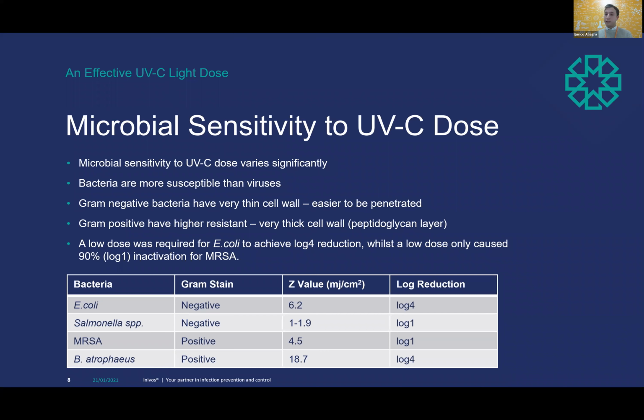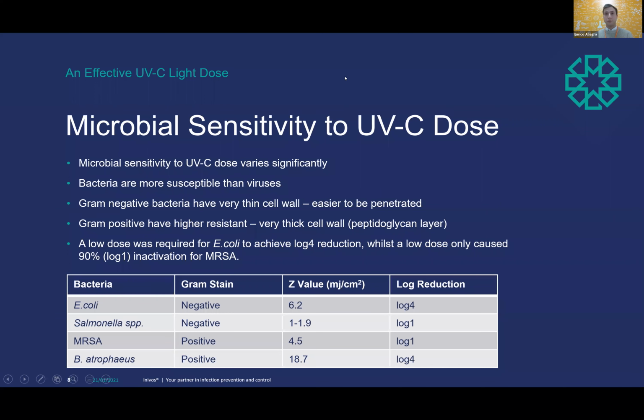The difference is mainly due to the membrane structure, where gram-negative tend to have a thinner peptidoglycan layer, whereas gram-positive tend to have a thicker cell wall membrane. This seems to contribute to the increased resistance of gram-positive to UVC dose and UVC penetration.